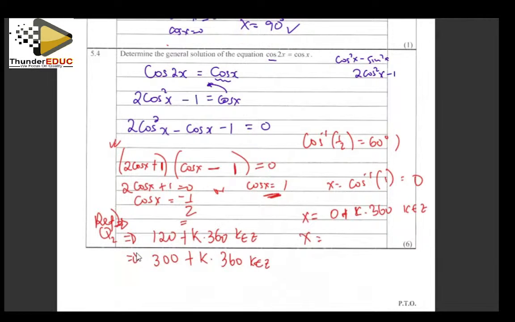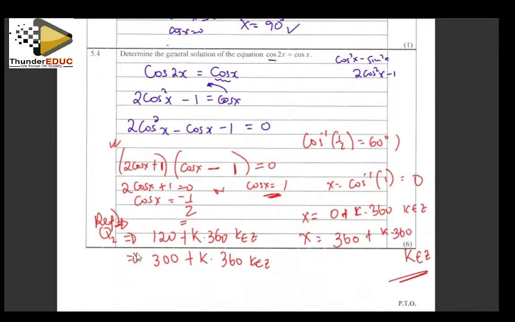Then the other solution will definitely be 360 plus k times 360. Is that true? What's the cos of 360? It's a positive one. Perfect. Beautiful. So k is an element of the integers. Those are the 4 solutions that we probably expected.